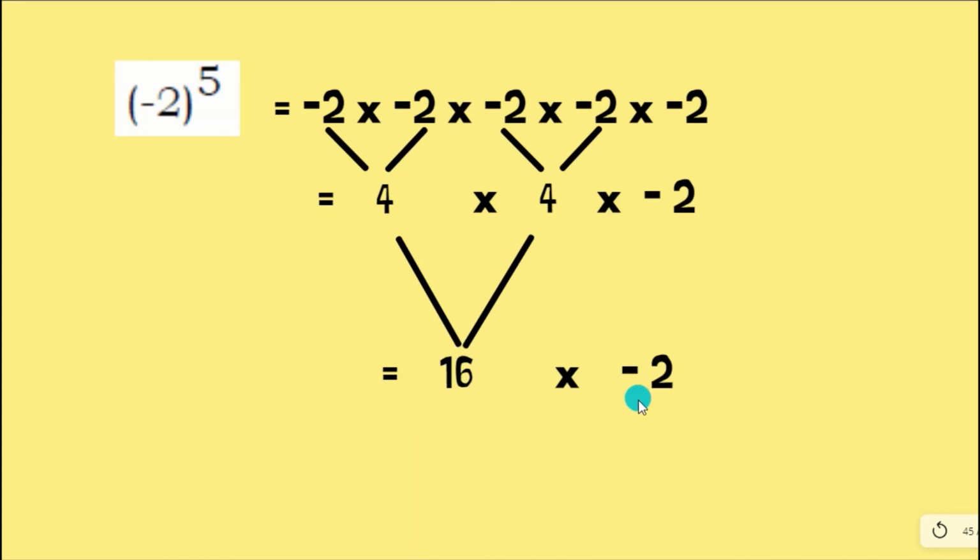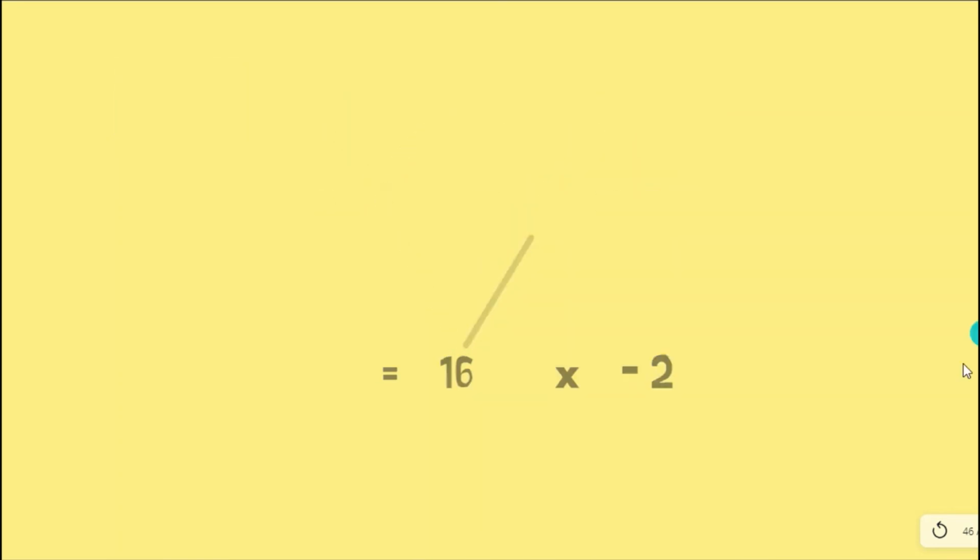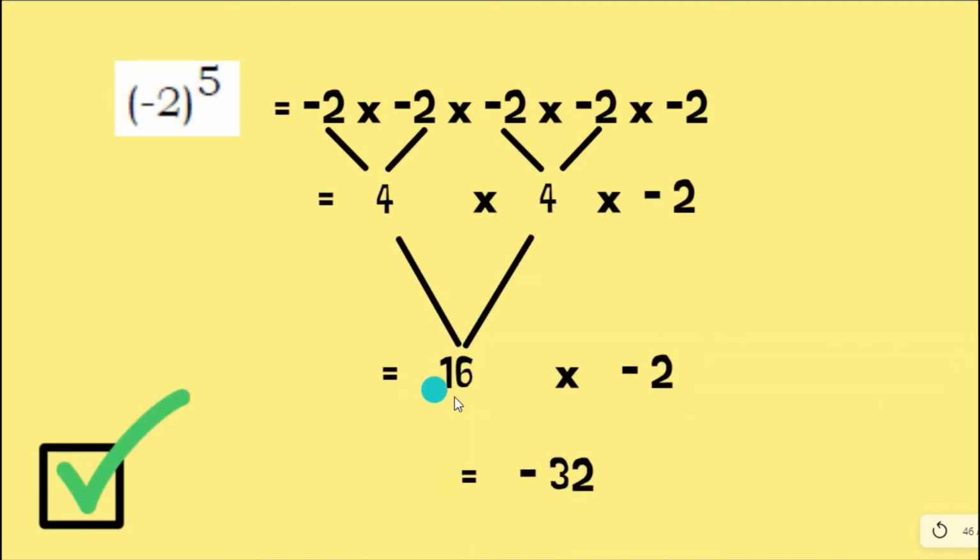Bring down negative 2. 16 times negative 2 equals negative 32 because a positive number multiplied by a negative number equals a negative number. So 16, which is positive, times negative 2 equals negative 32.